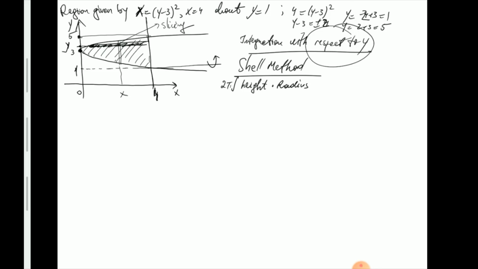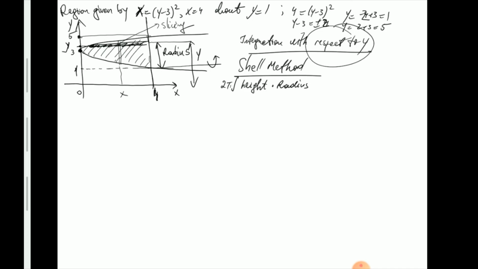Well, the radius is going to be, now here, this is the problem. I mean, this is where you have to be careful. The radius is not going to be just y. So look carefully, the radius is not up to the x-axis. The radius is only up to the line y equals 1. And the distance from the margin of the shell to the x-axis is actually y.